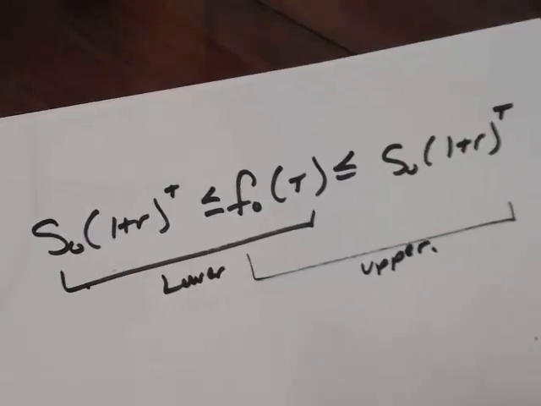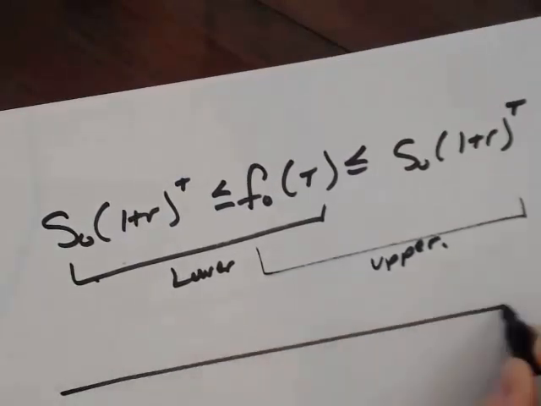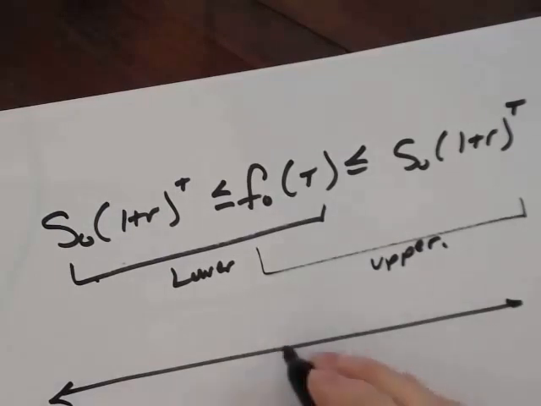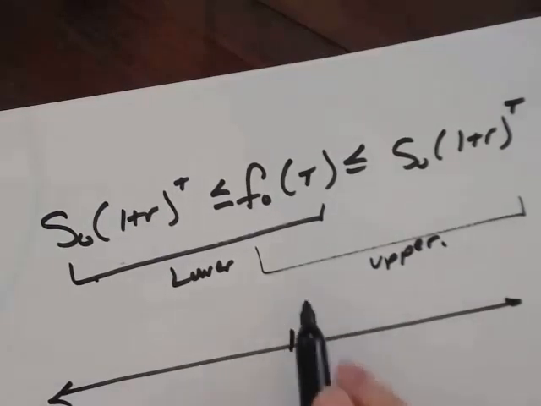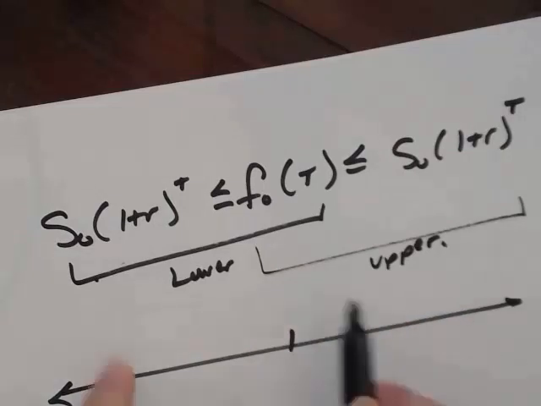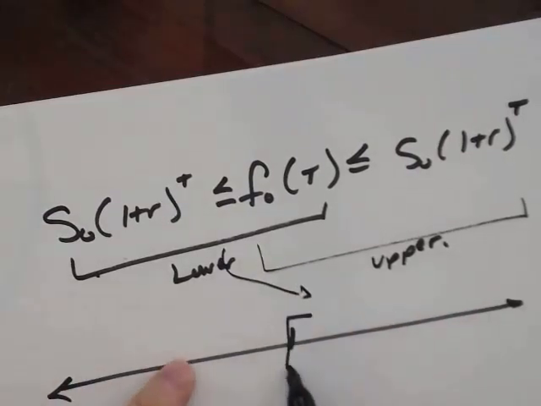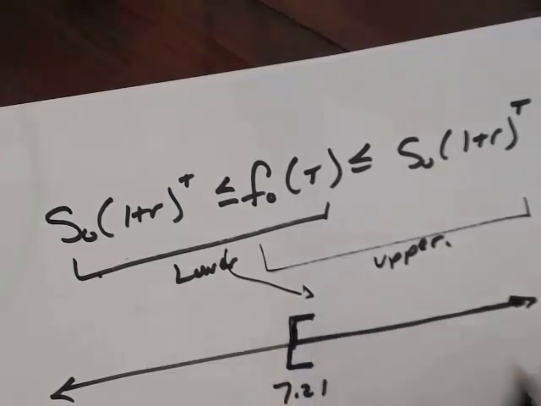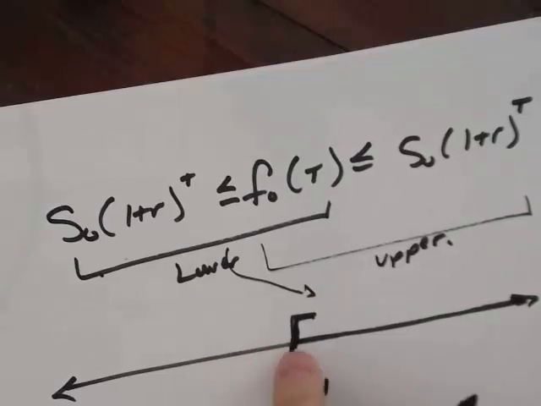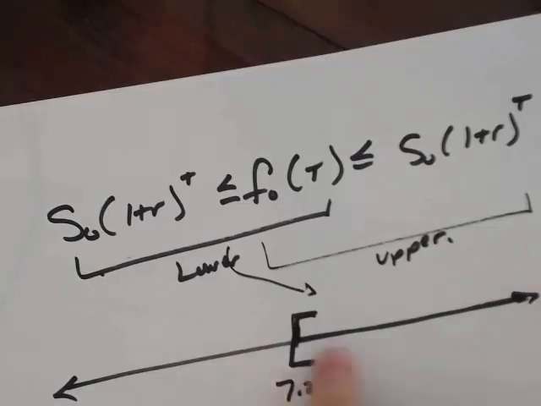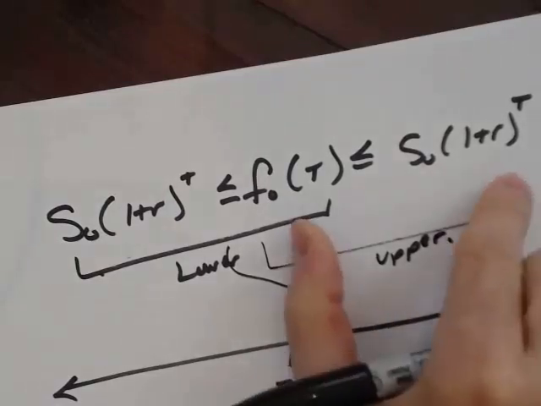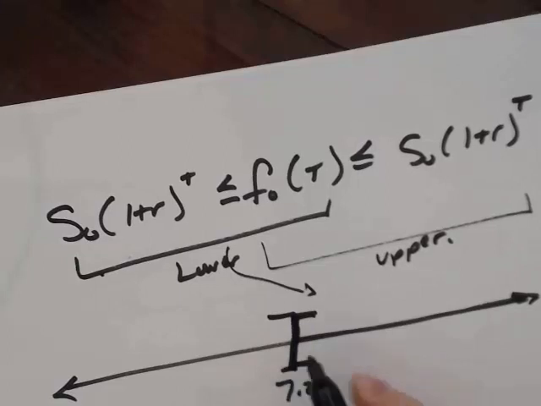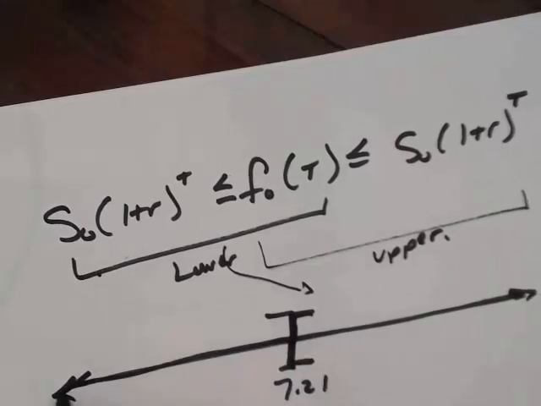Basically, if you put a line out, the real line here, and we plot it down, the lower bound says it's 721 in the example or greater. Right, 721 or that price, because there's an equal sign associated. It's that price or greater. So this is the lower bound, and the upper bound says the futures price has to be 721 or less.